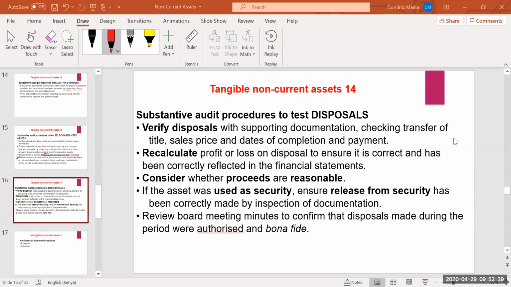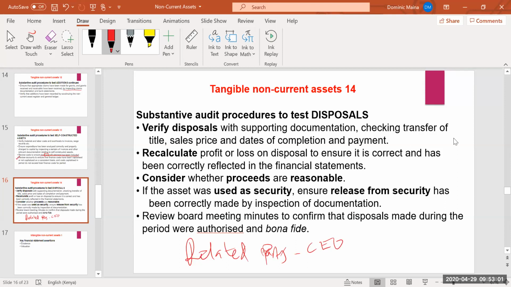I think you have to be quite careful when it comes to disposals. If the disposal was made to related parties, maybe the sale was made to the CEO or the finance director of the company, there you have to be quite careful.